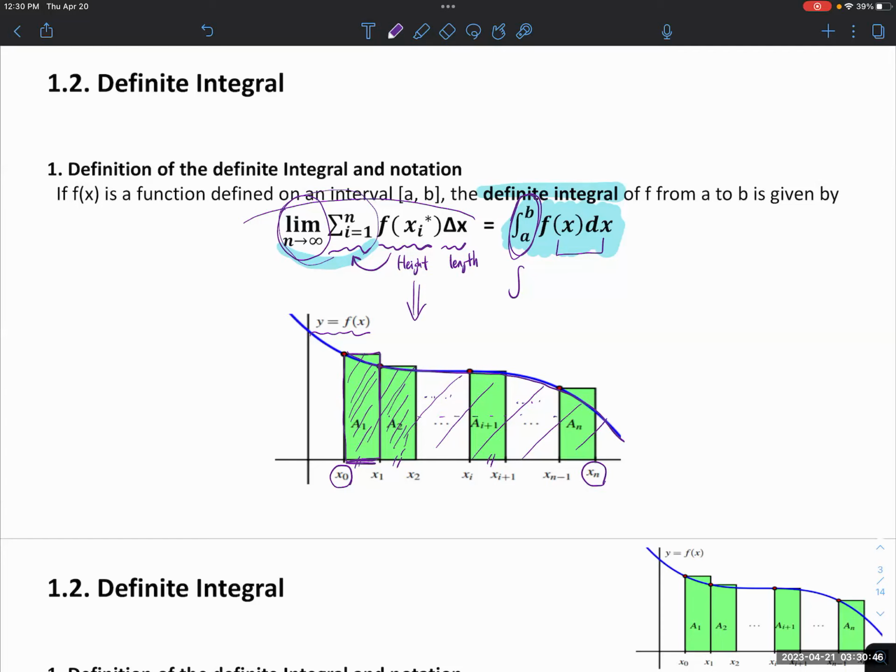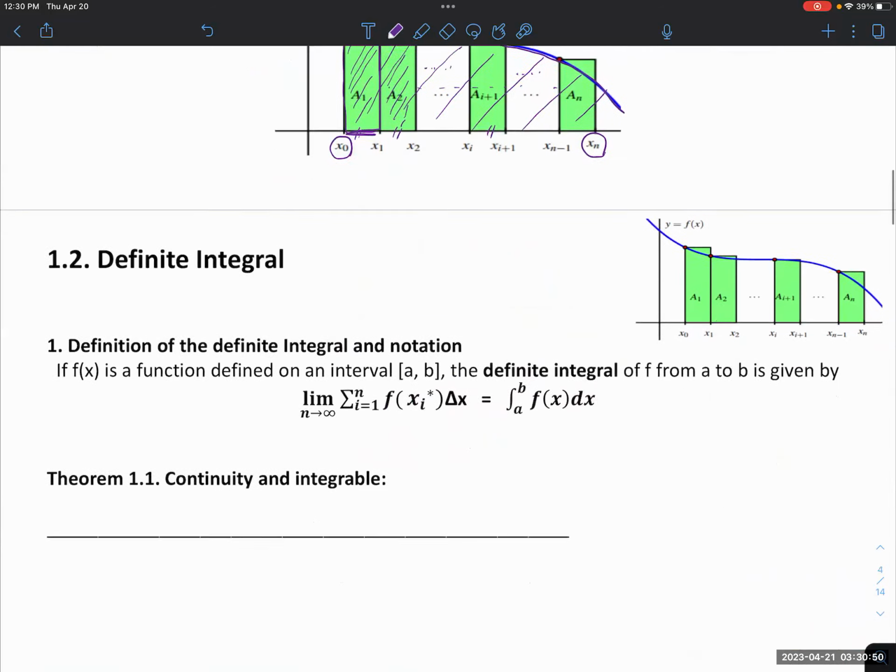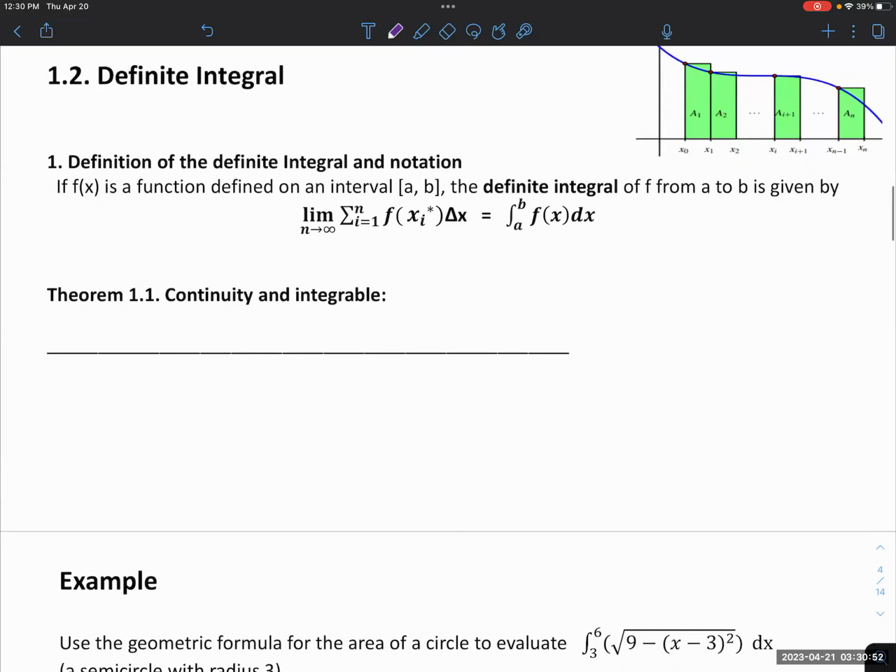I'm going to show you that on the next slide. Here we go. We have the same definition of the definite integral. What I'm saying is, in order to take the integral, there is a condition. The function that you have must be continuous.